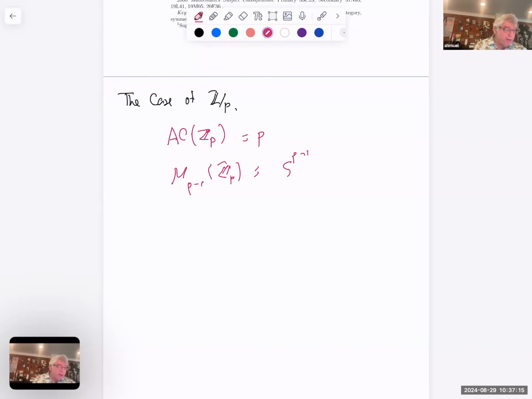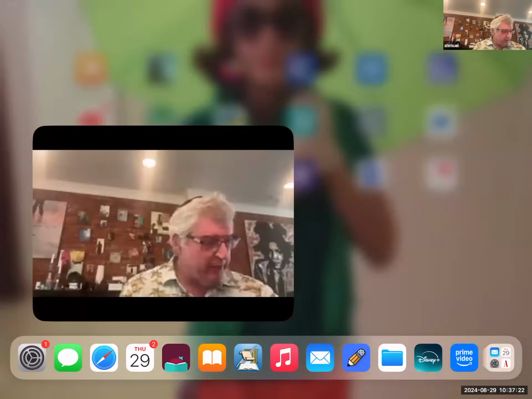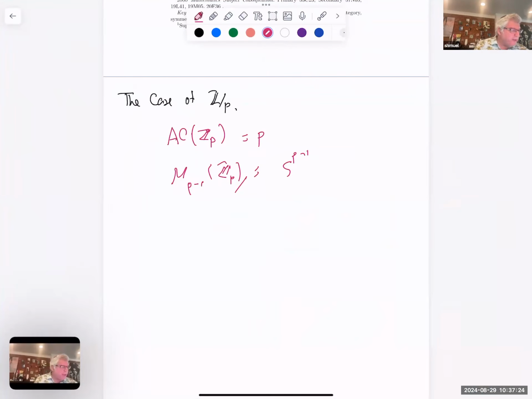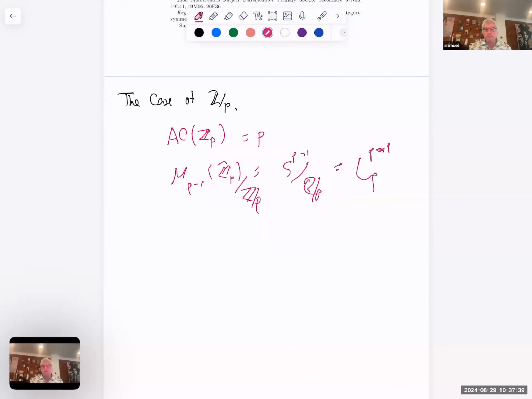And as we mentioned before, it still has the free action. You could identify which length space it is, I won't bother, but it's a length space of dimension P minus 1 with fundamental group Z_P.